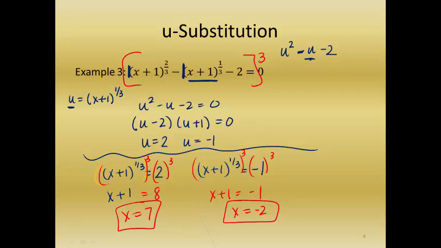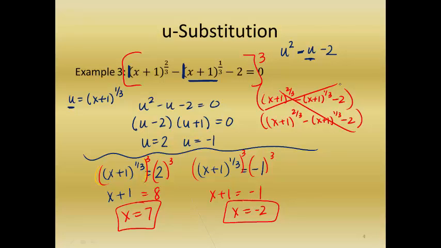That does not work, because when you cube this, you're actually multiplying (x plus 1) to the 2/3 power minus (x plus 1) to the 1/3 power minus 2 times (x plus 1) to the 2/3 power minus (x plus 1) to the 1/3 power minus 2. You'd be multiplying these two things together. That doesn't solve our issue. So it is an incorrect strategy to just cube stuff. That does not work. You must use this method.